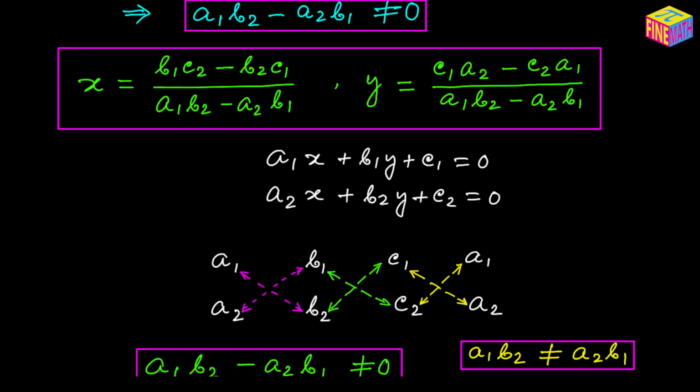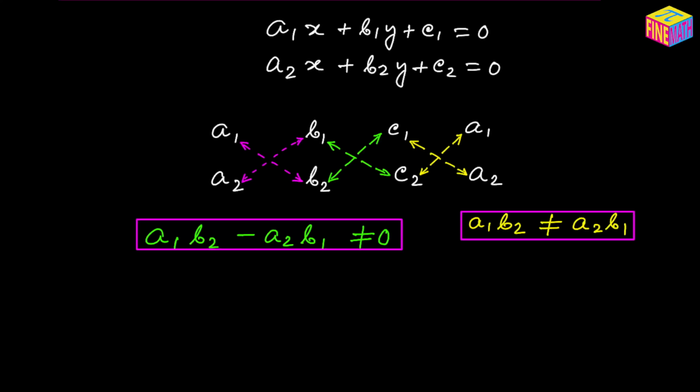It's just two different looks. Then only we can guarantee that the two straight lines will intersect each other somewhere. But if a sub 1 times b sub 2 becomes equal to a sub 2 times b sub 1, that means the lines are parallel and obviously they are not going to intersect each other anywhere.